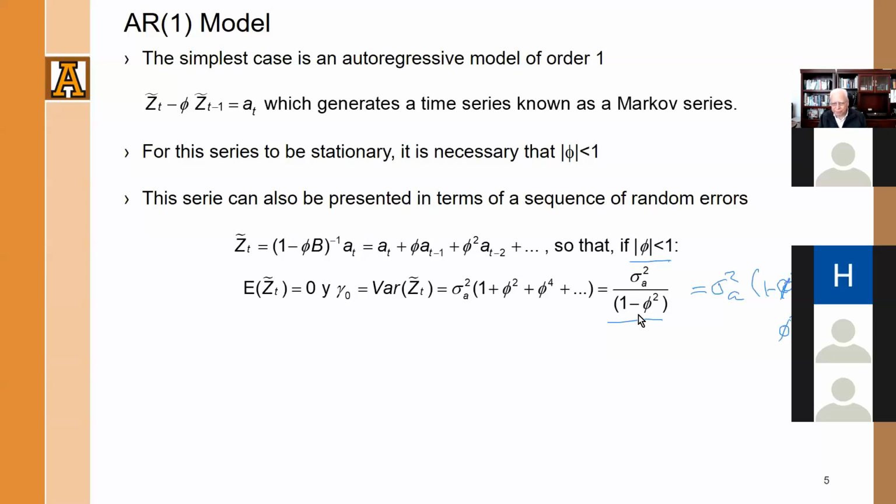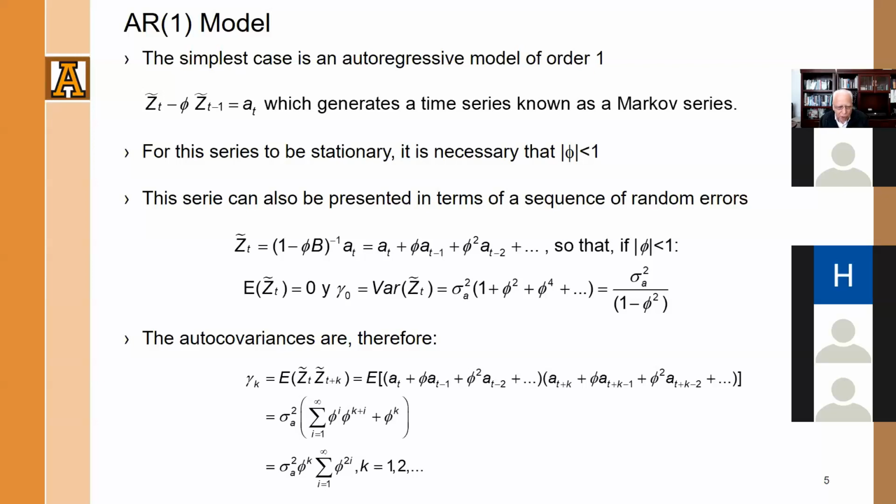So that's the condition for stationarity in the AR(1) model: the root of the characteristic polynomial phi(B) equals 0 is outside the unit circle, that is, phi, in this case with only one root, is less than 1 in absolute value. We're okay up to this point?